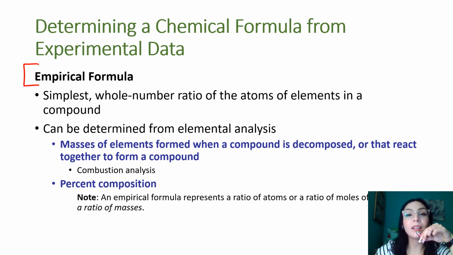The empirical formula is the simplest whole number ratio of the atoms of elements in the compound. So all it tells you is a ratio. It doesn't necessarily tell you the full information for most cases, but it tells you a lot. You can determine this from the analysis of the elements within a sample.